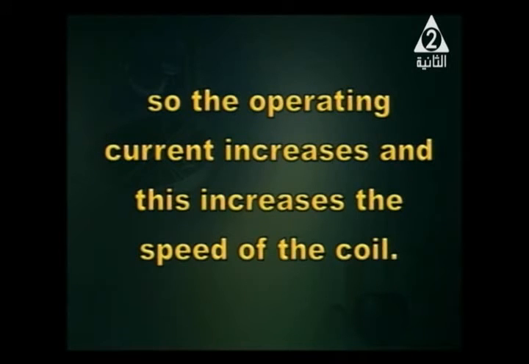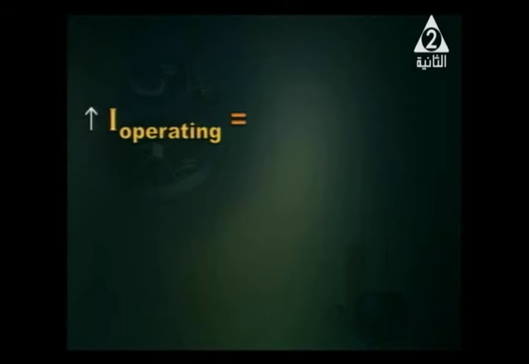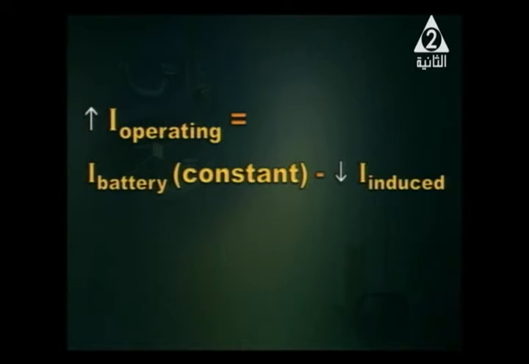So operating current increases when I induced decreases, and this increases the speed of the coil because I operating increases. So I operating increases when the coil tends to slow down, simply because I battery is constant and I induced decreases.